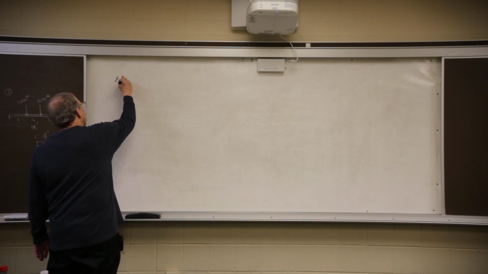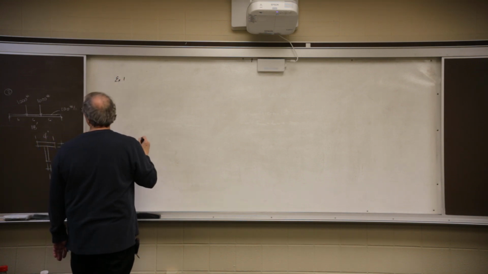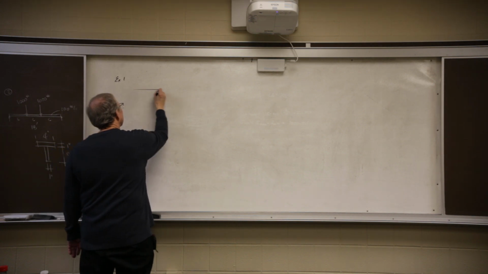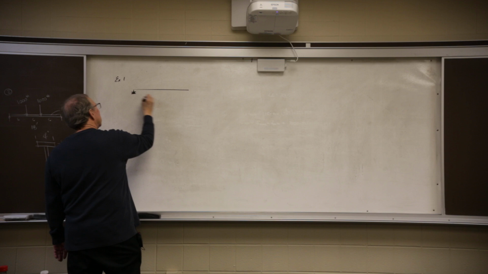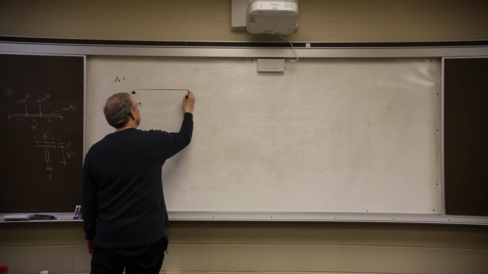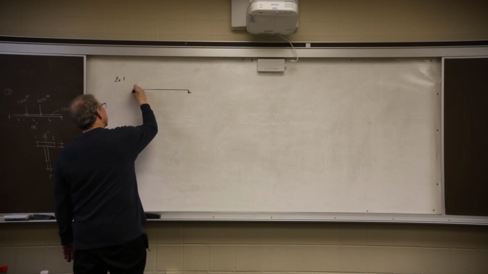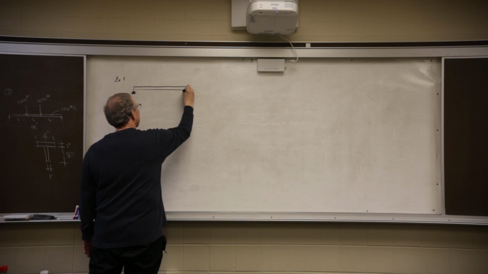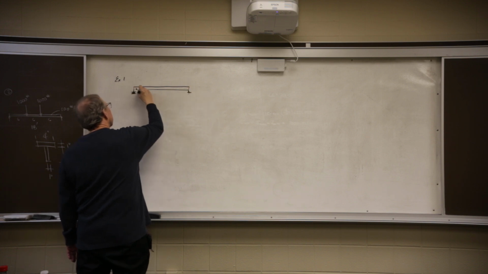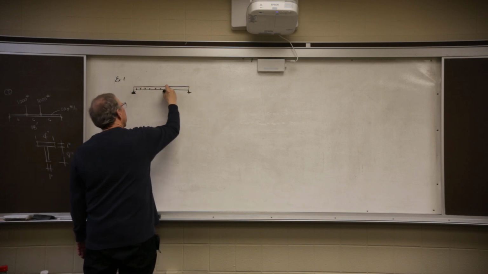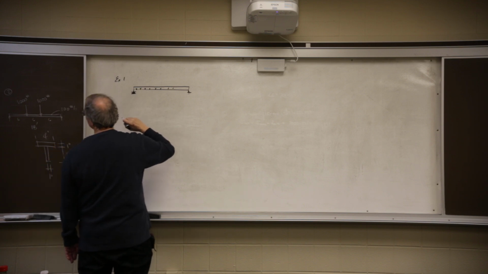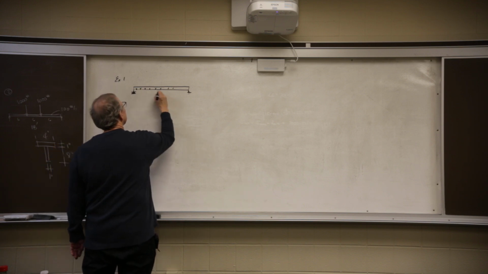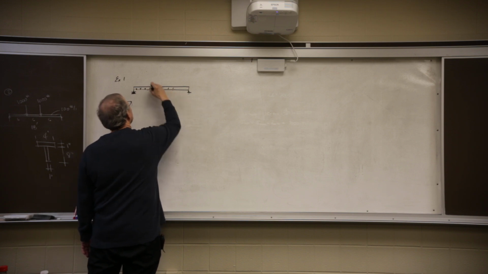So let's do example number one. Example number one is a beam that looks like this. It's a simply supported beam, has a roller and a hinge. It has a uniformly distributed load its entire length. And it has 3 point loads, and those point loads are at 4-foot centers. So I'm going to go to the middle, back half, and back half.